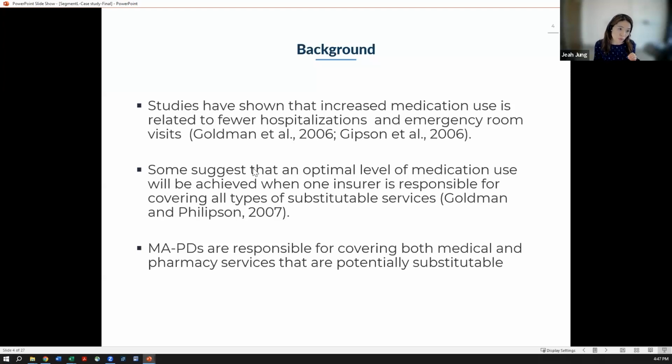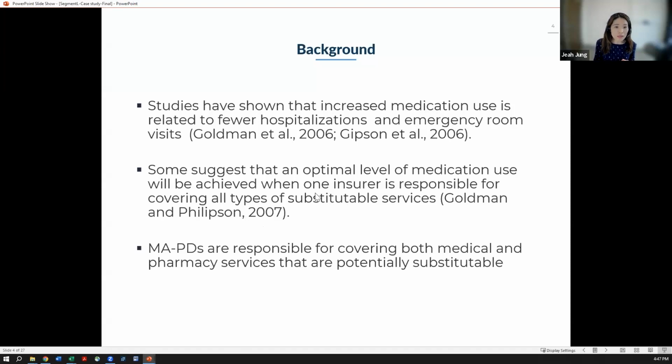We also found literature, on the conceptual side and in economics, showing that when there are different types of substitutable services, meaning you can replace one with the other, you could potentially replace an emergency room visit with improved medication use, for example for conditions like diabetes.